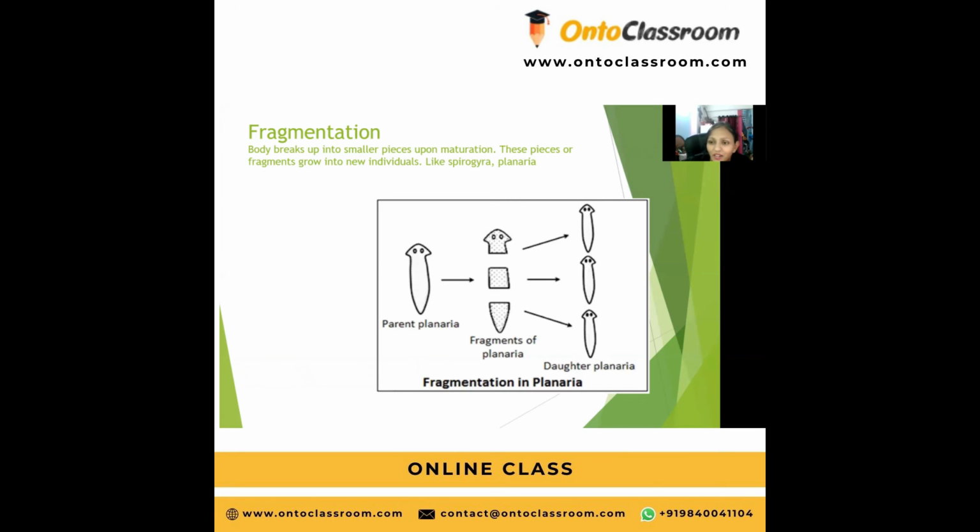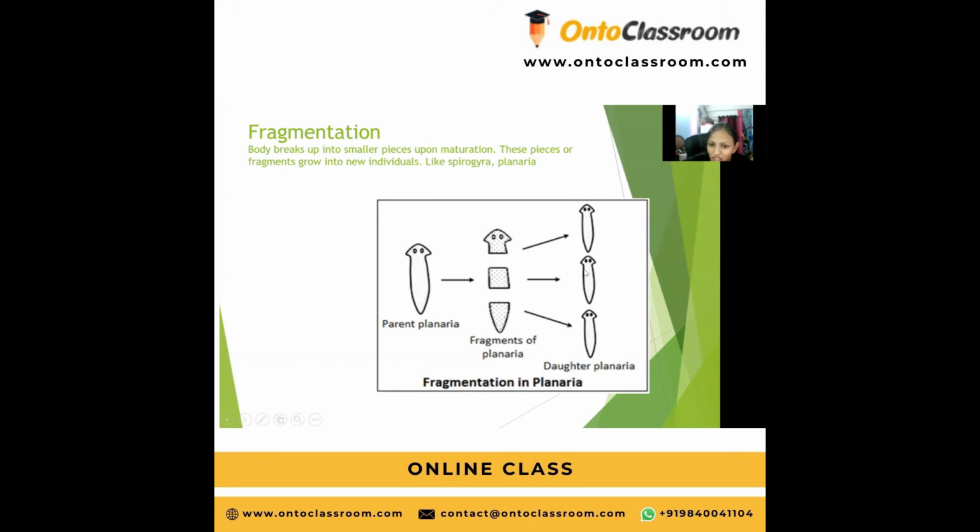One part of the planaria will develop into a fully grown individual, and this individual will be exactly similar to its parent cell. So here the one body is divided into 3 parts, and each individual will be exactly similar to the parent cell.